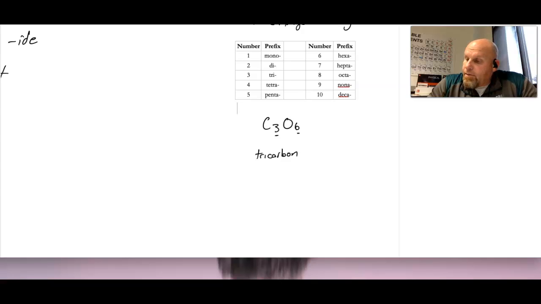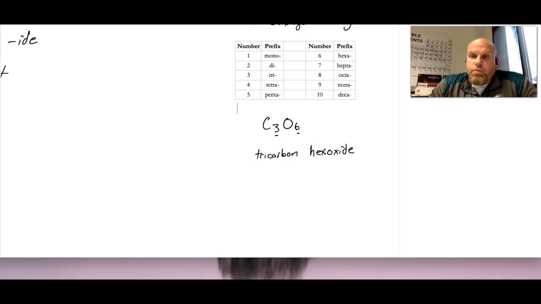Again, name it with the numeric prefix. And now I would name the second part with its numeric prefix, which is 6, which is hexa, oxide, changing the ending to IDE. Just a little point here, you may notice that I dropped the A off of the hexa because I've attached it to oxygen that starts with the vowel as well.